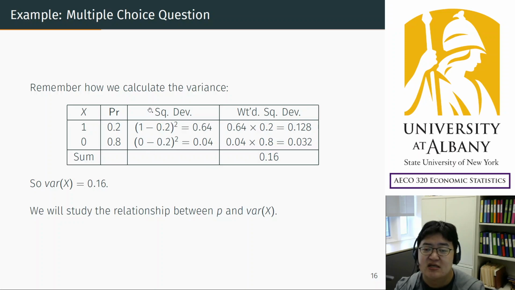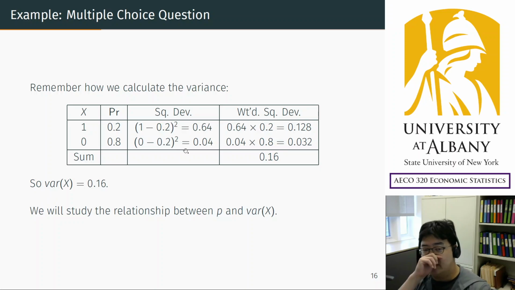And remember, this squared deviation is a transformed random variable with the same probability. And the variance is the mean of these squared deviations. So 0.2 times 0.64, the weighted squared deviation, is 0.128. And probability times outcome, 0.032. Sum them, then you get 0.16, which is the variance, right?